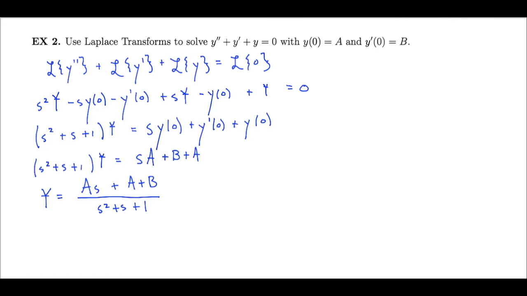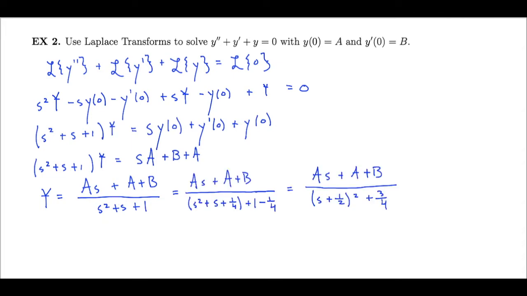In this particular case, I can't do partial fraction decomposition because my denominator does not factor and my numerator is already one degree less, so there's no additional simplification that I can do. So I think instead I'll focus on completing the square in this denominator. Now that I've completed the square on this denominator, I just have to manipulate my numerator so that the structure of the resulting fractions will be what's necessary in terms of known Laplace transforms.